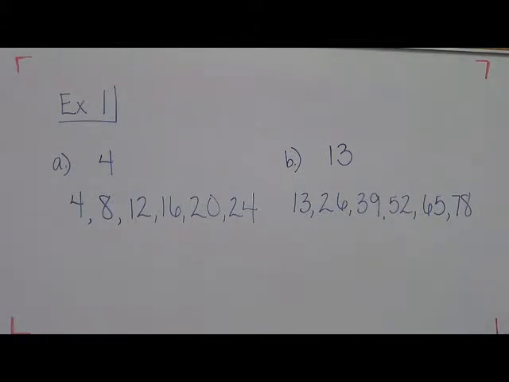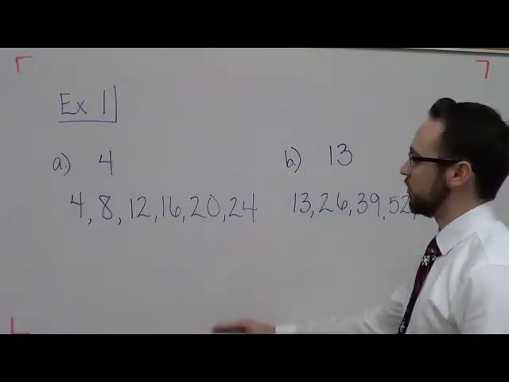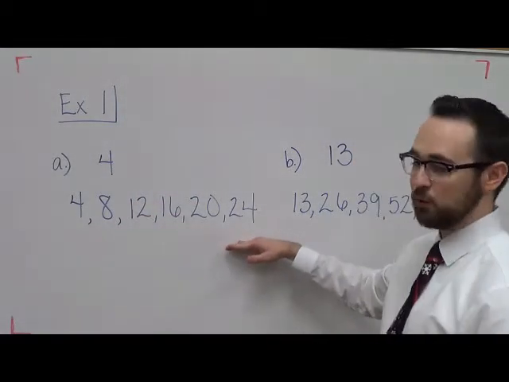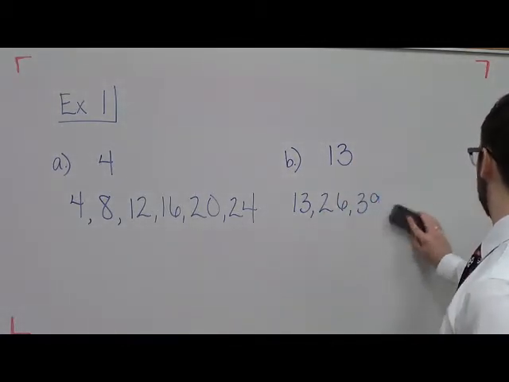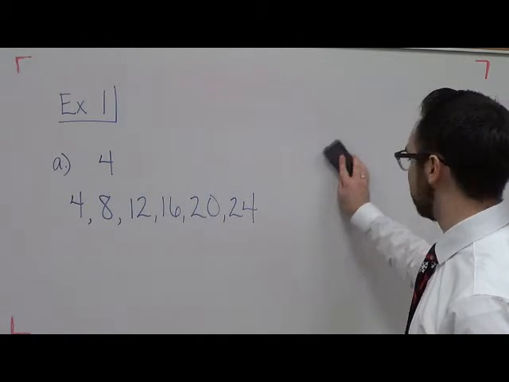So the first 6 multiples of 13 are 13, 26, 39, 52, 65, and 78. Those are multiples because it's 4 times a number to get these multiples, 13 times another number to get these.